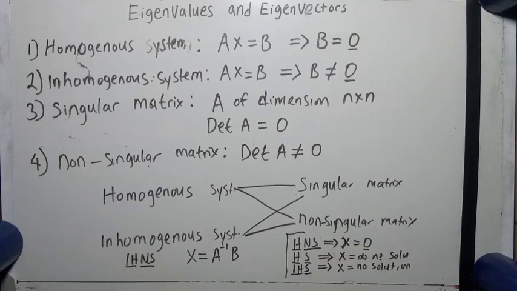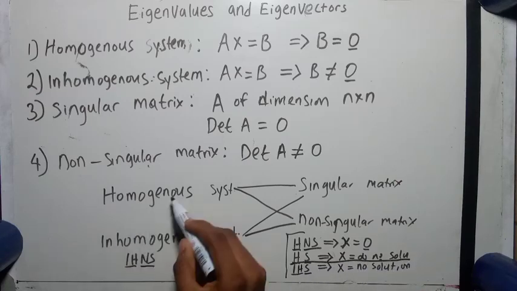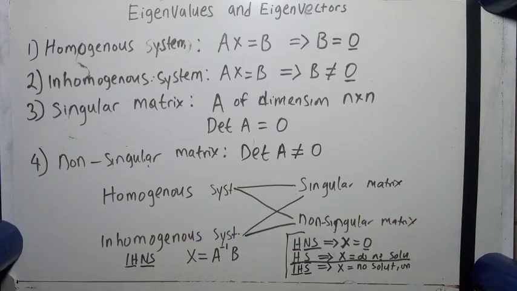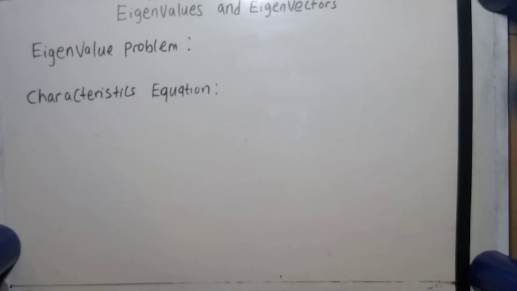So the reason why this was brought up was because our eigenvalue actually follows this one, which is that of your homogeneous, singular matrix. So an eigenvalue problem has a way it is expressed.